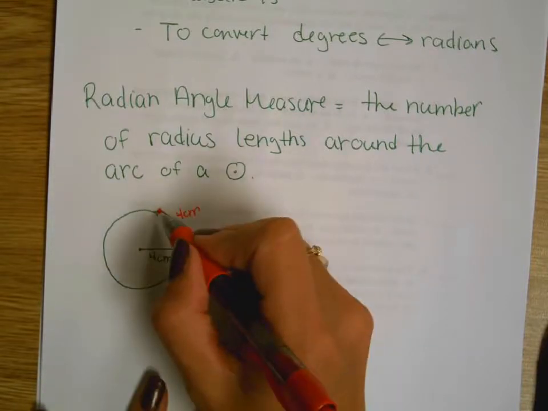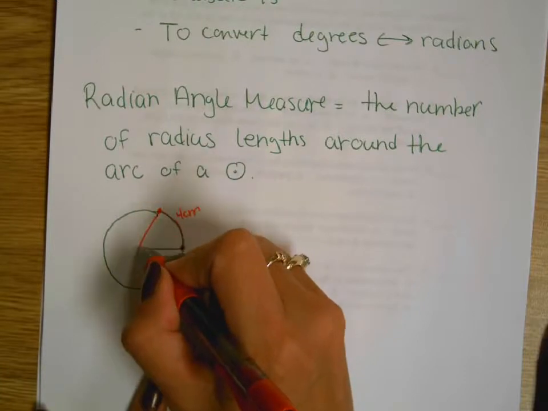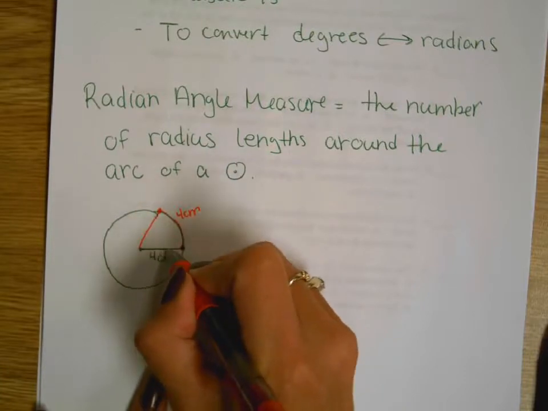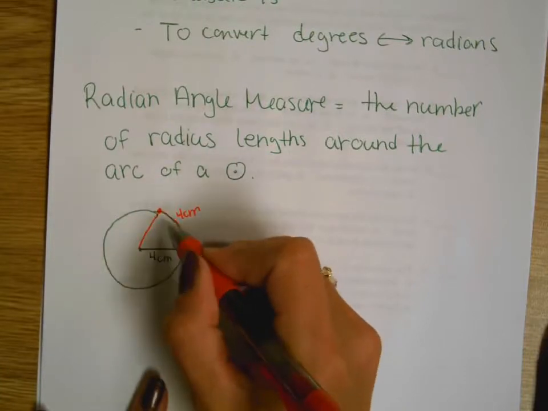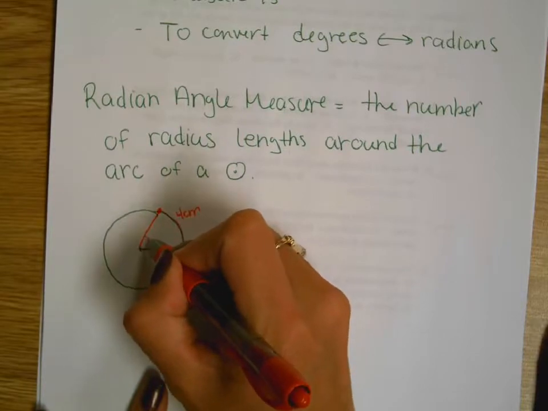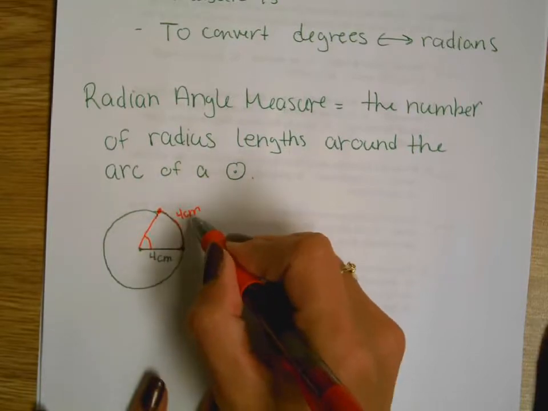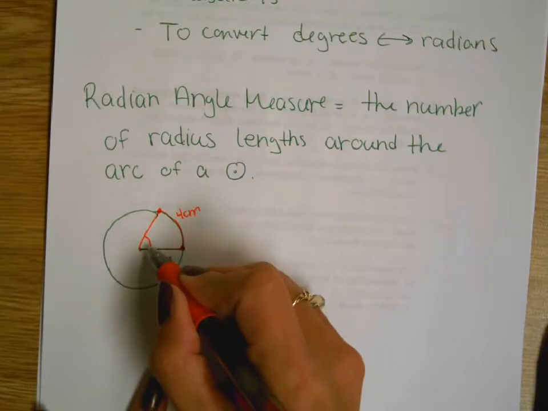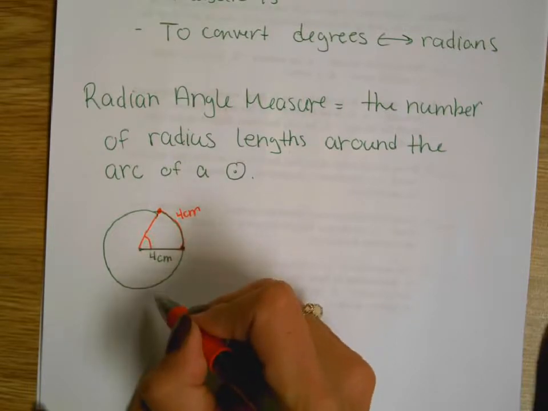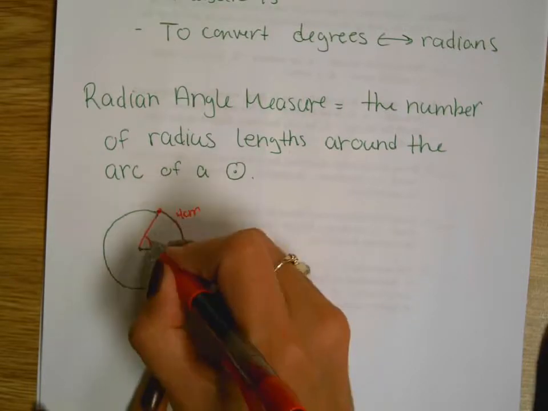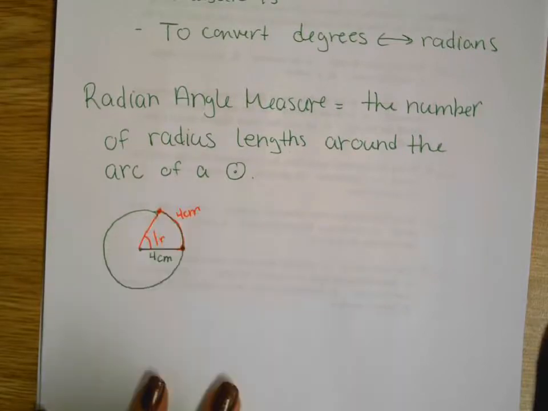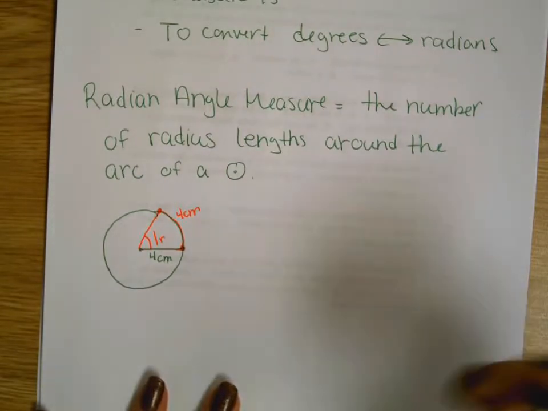So if I was to take now that endpoint and connect back, this pie piece created by the 4 centimeter arc, because that's equal to 1 radius length, this angle would have a measure of 1 radian. So this angle measure would be 1 radian, because the arc that's cutting it off is 1 radius. Okay, keep that thinking in mind.